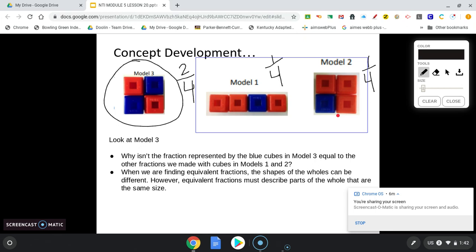But equivalent fractions must describe parts of the whole that are the same size. So in model 3, the parts of the whole are not the same size as model 1 and model 2. Model 1 and model 2 are equivalent, but model 3 is not equivalent with those two models.